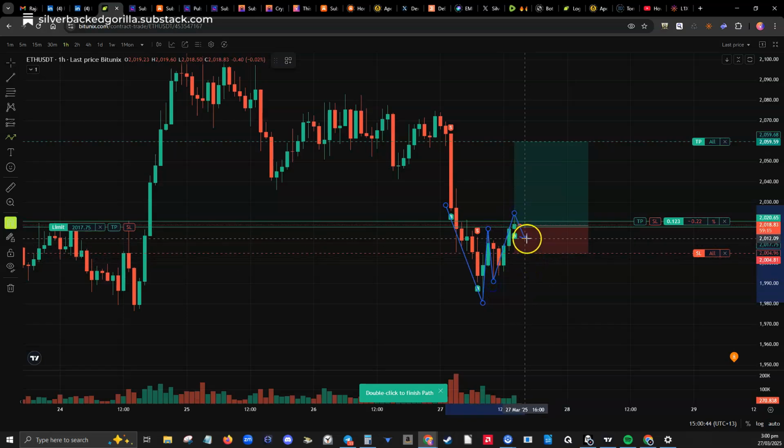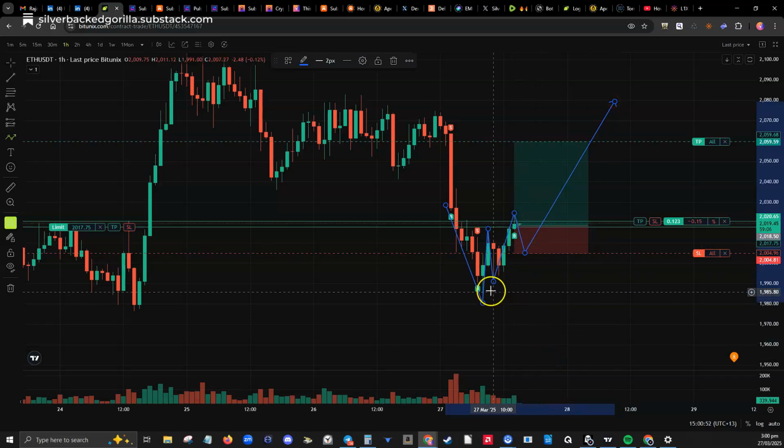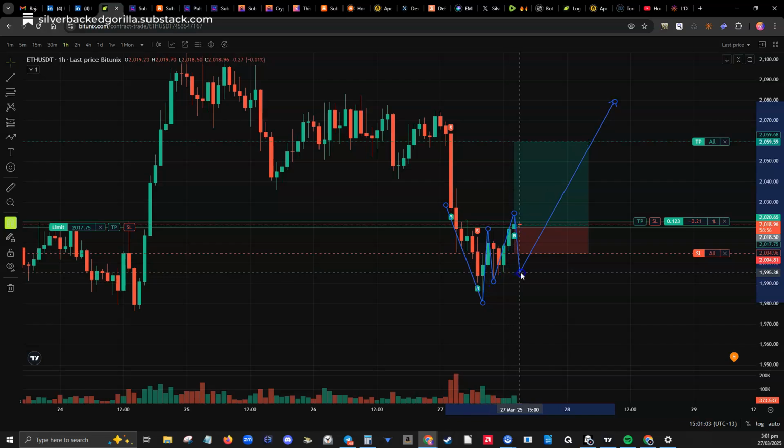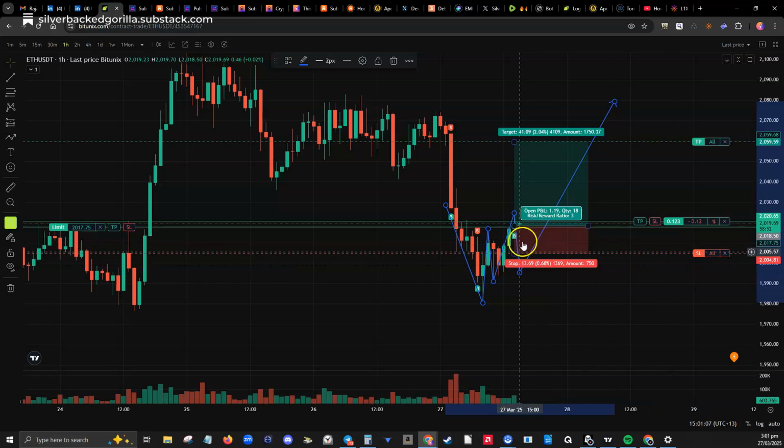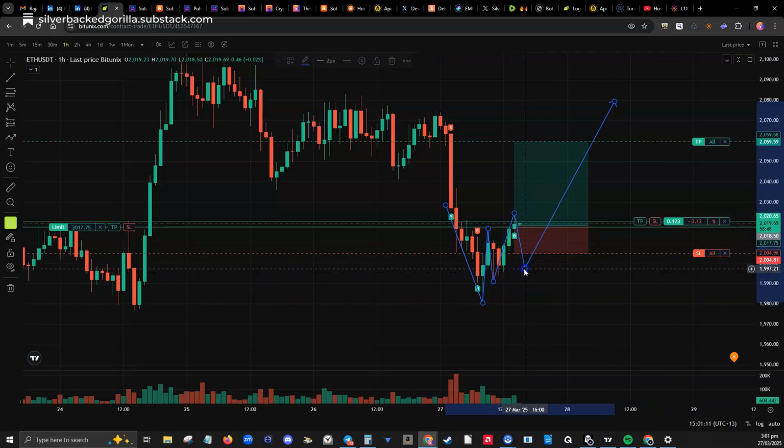If it does come down here, and then continue up, you've got the low, the high, low, and all you want is a low that's just higher than that. That's all you want. Which would actually take it through my stop loss and stop us out. But still, as long as we're getting that higher low, I'll see how this goes.